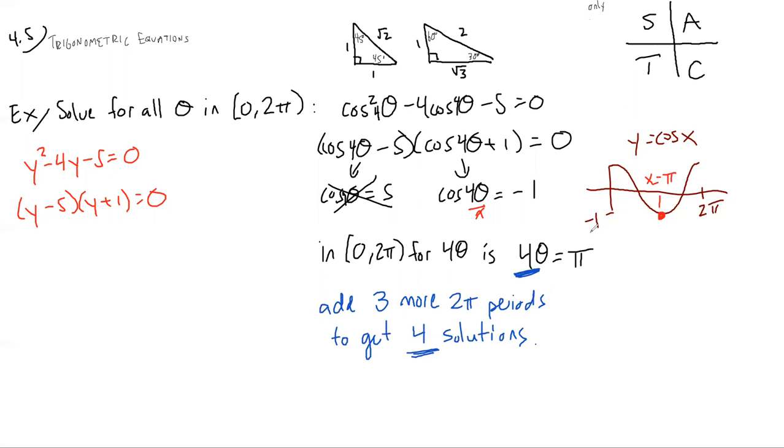So what I'll have is 4 theta is pi, 3 pi, 5 pi, and 7 pi. So those are all my answers in 0 to 2 pi for 4 theta. So now what I'm going to get is my answers in theta. We just divide the whole thing by 4, everything.